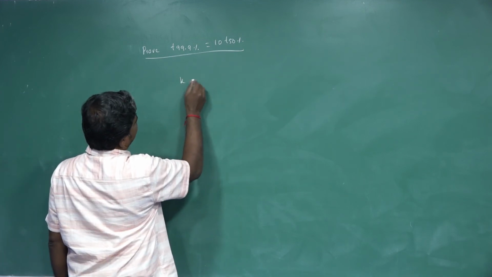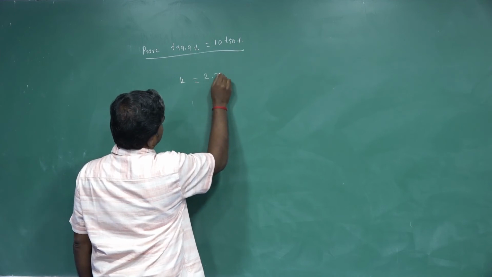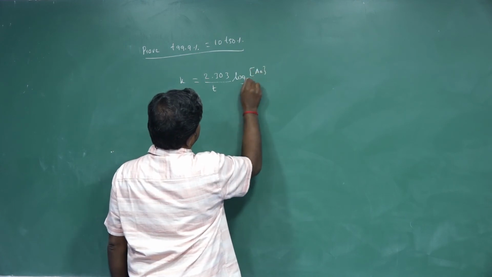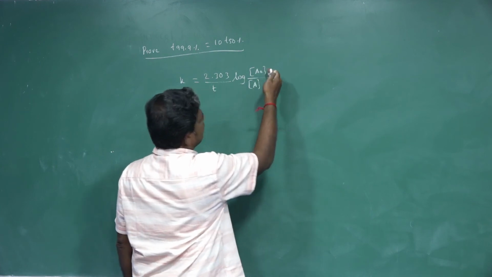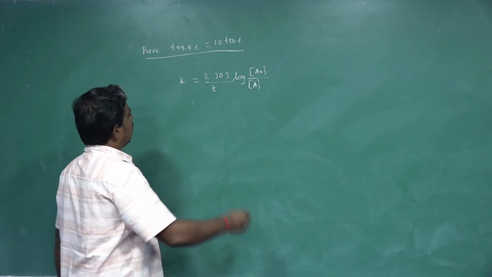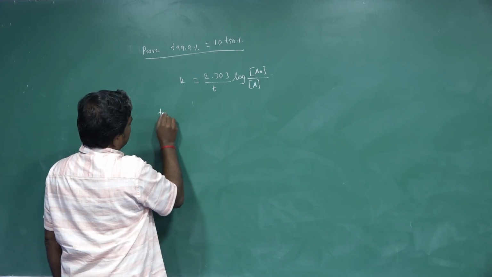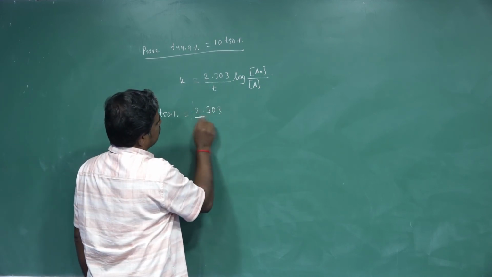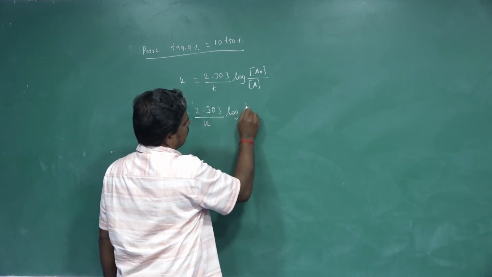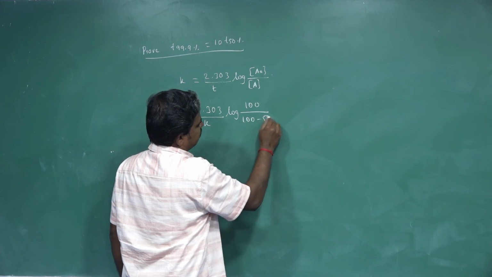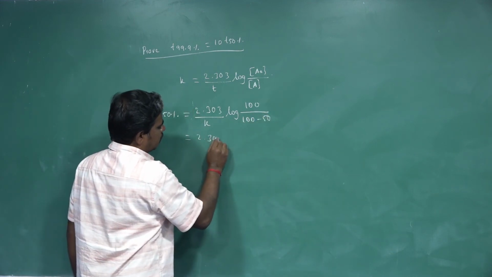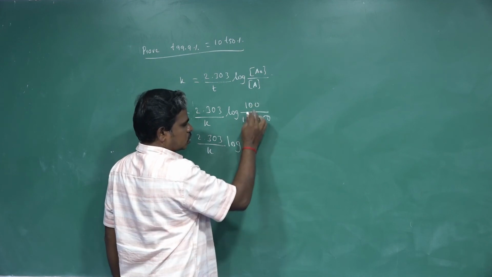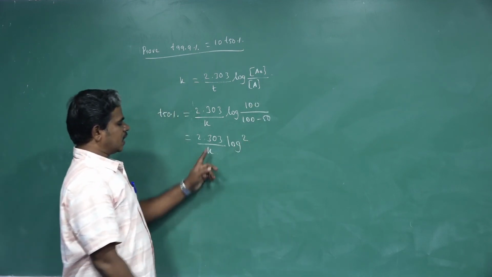You know that the first order rate constant K is equal to 2.303 by T log of A naught by A, where A naught is the initial concentration and A is the concentration after time T. Now T50, the time for 50% decomposition, is equal to 2.303 by K log 100 by 100 minus 50, which is 2.303 by K log 100 by 50. So 100 by 50 is nothing but 2.